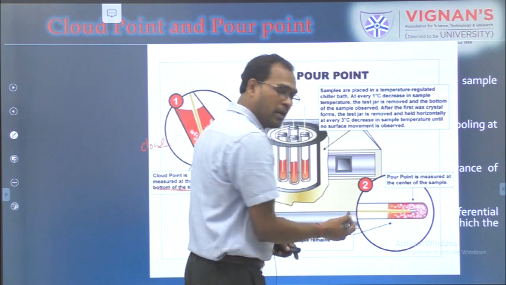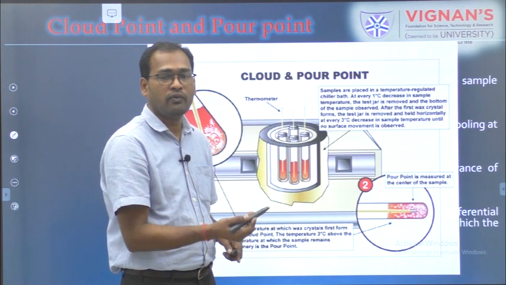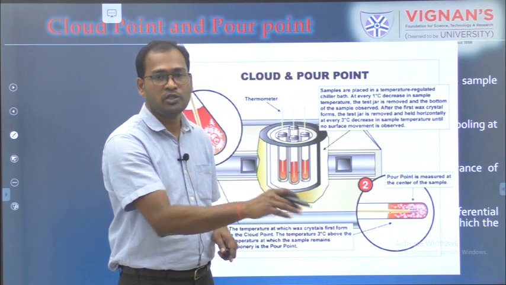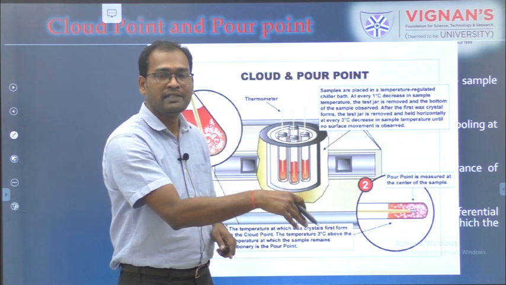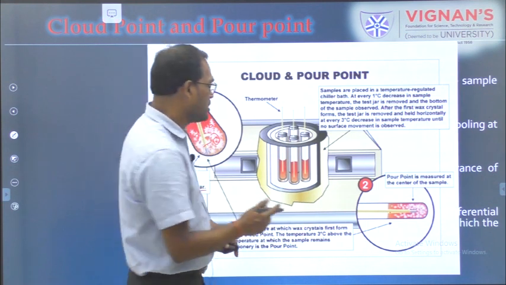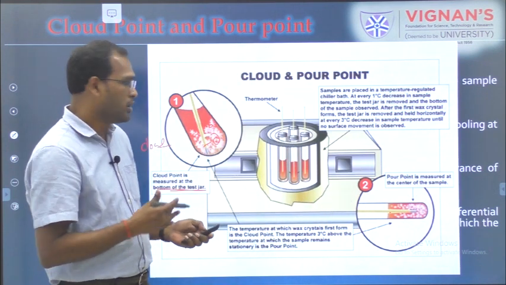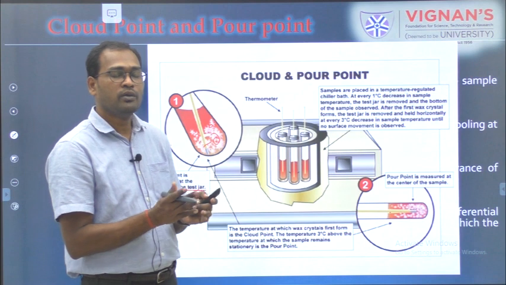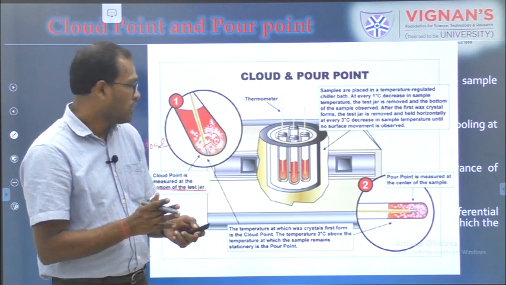This is the temperature at which the free flowing of the oil has stopped. The temperature at which the flowiness of the sample stops is called your pour point. So this is how it is measured. You can see it's a very simple instrument. The only thing is you have to have a very controlled rate of cooling.